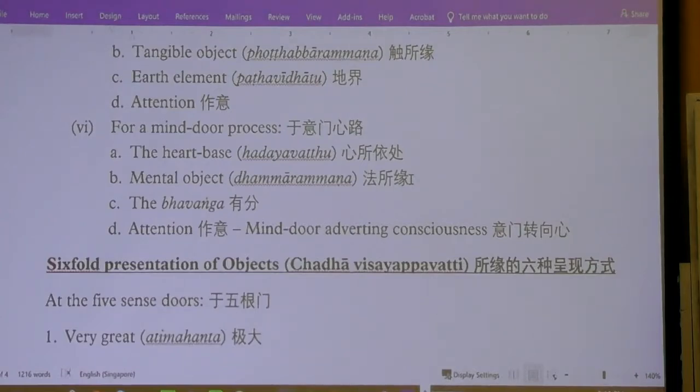It's always 17 for the very great object. For the very great object, only 17 mind moments, no more than 17 and no less than 17. Why such an exact science? This is the rule, according to the Citta process, of how the object brings the mind moments: maximum 17 mind moments.